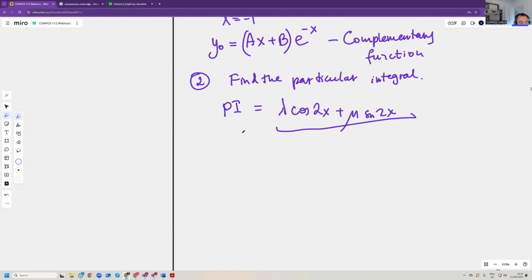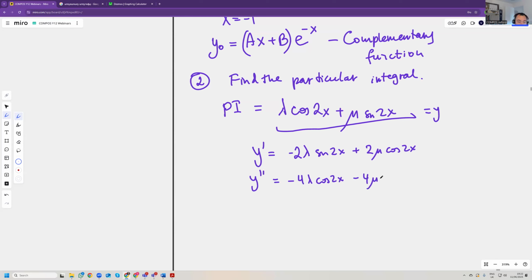If this is y, then y dash, the first derivative, is minus 2 lambda sine 2x plus 2 mu cos 2x. The second derivative is minus 4 lambda cos 2x minus 4 mu sine 2x.